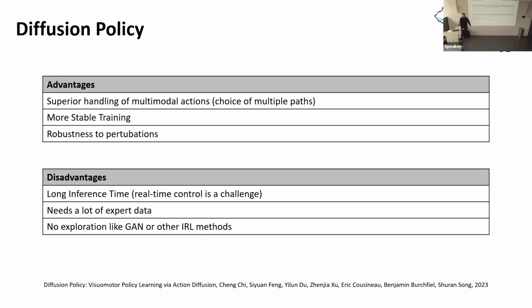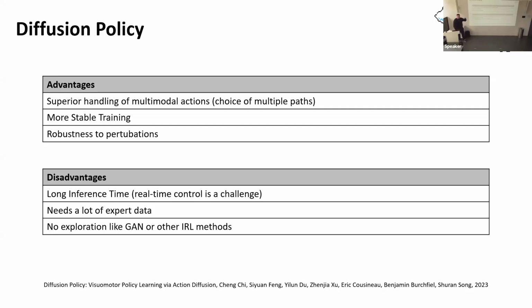We have long inference times, which means it's not very suitable for real-time applications, and we have no exploration like GAIL that I showed you before, or other inverse reinforcement learning. Some advantages, though, are that they are superior in handling multimodal actions. What I told you in inverse reinforcement learning, we always have different kinds of reward functions that give an optimal way. Here, this also means we have different paths that we can take to solve our problem.